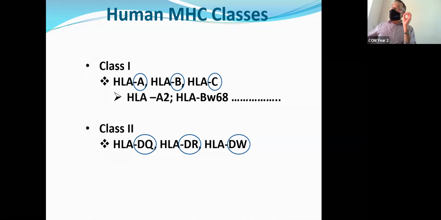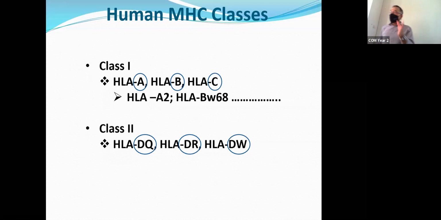So both are expressed. In other words, they're co-dominantly expressed, right? So because it's 3 class 1 from the mother, 3 class 1 from the father, that's a total of 6 class 1 proteins.